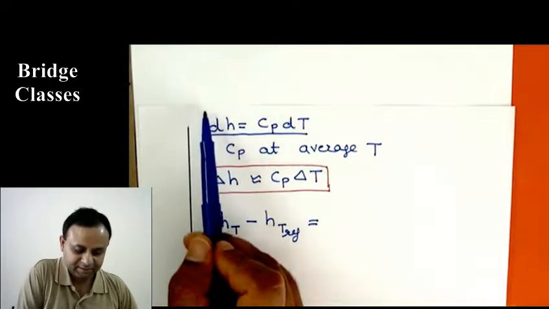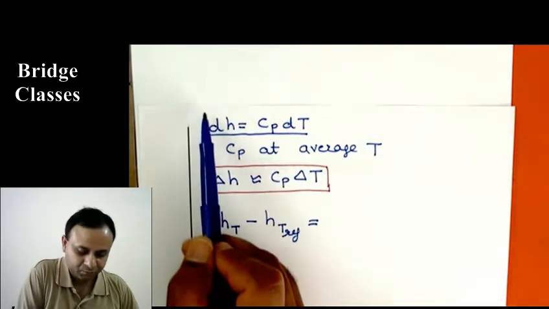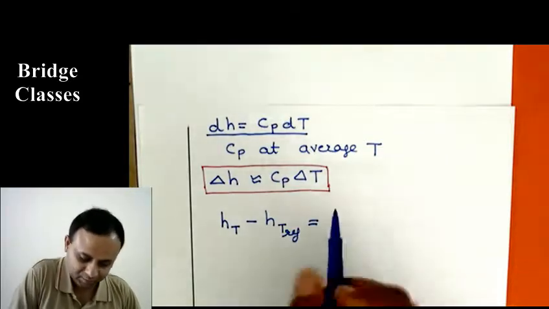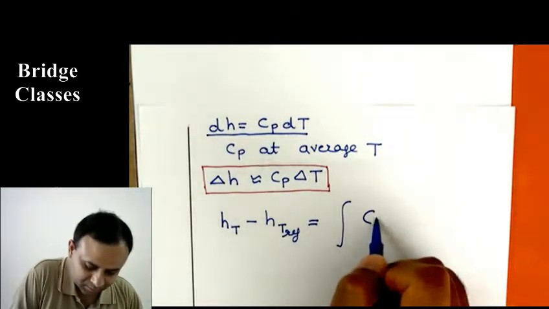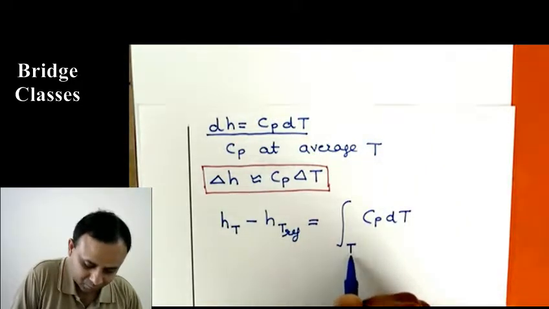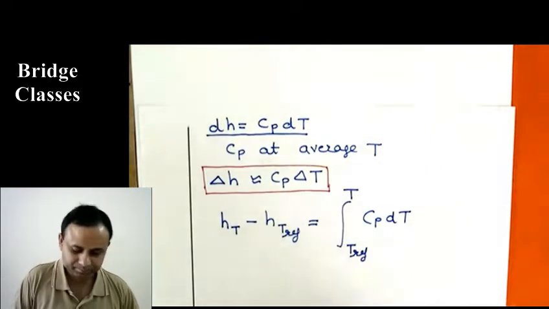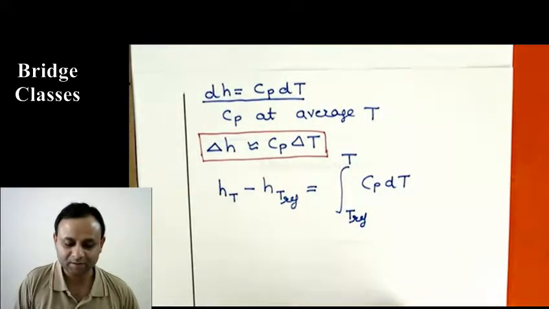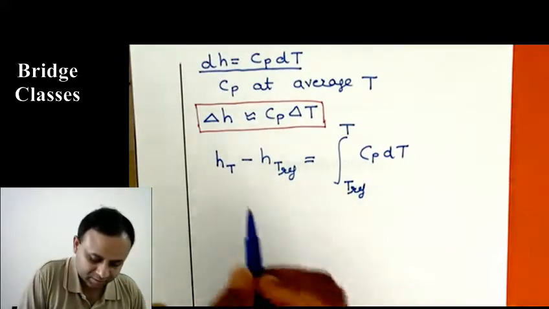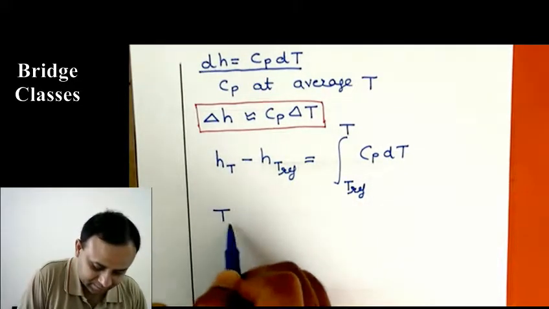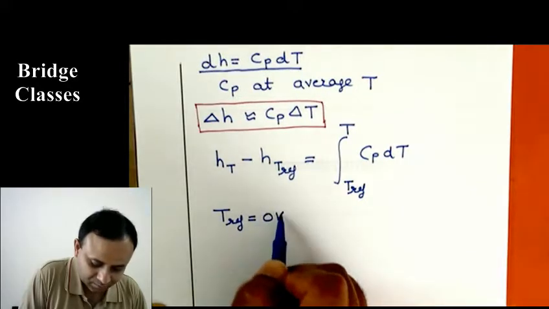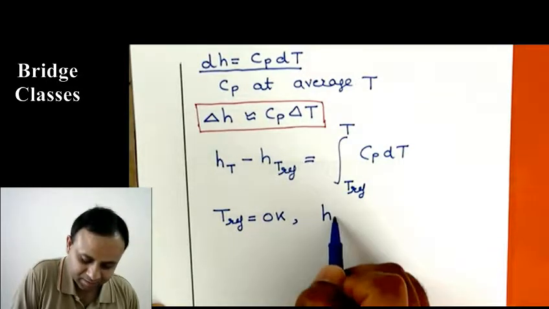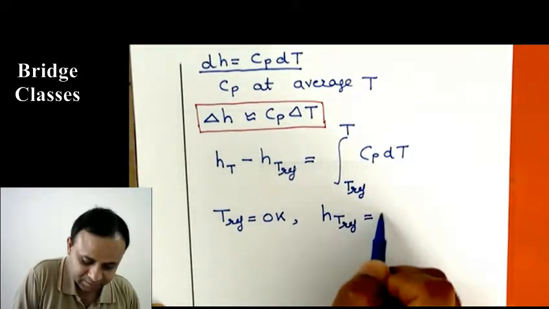So we integrated this expression from Tref to T. So this will become enthalpy at T minus enthalpy at Tref equals the integral of Cp dT from Tref to T. And the choice of Tref is arbitrary. Further, let us say we take this Tref as 0 Kelvin. It is arbitrary, but if we take that choice and we take that enthalpy at this reference temperature is 0.